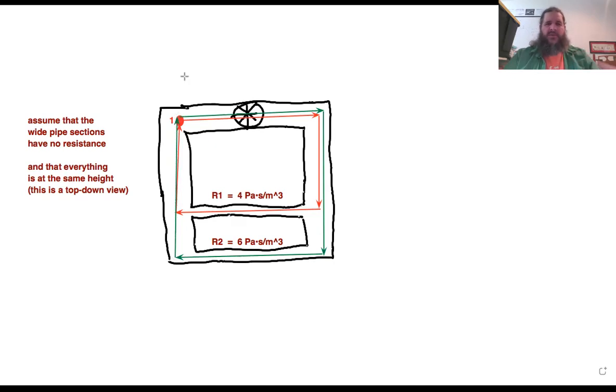So we could actually write out the Bernoulli equation twice, one for each of these loops. For the upper loop, the loop going through the pump and resistor 1, since we're starting at 1 and ending at 1, there's no change in any of the delta whatevers. But we've got the work density of the pump. I should probably include that information also. Let's say we know that the work density of the pump happens to be 120 pascals.